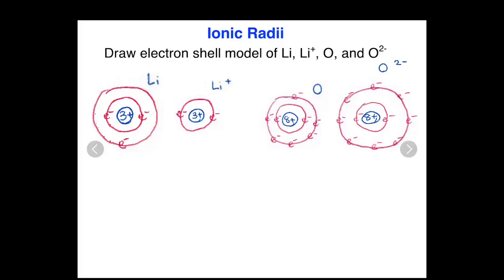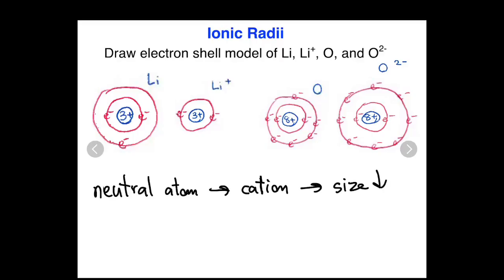Okay, so that's what you are going to observe here. So if I summarize this, if you are going from a neutral atom to a cation, the size will get smaller. The reason for that is because you minimize electron repulsion.